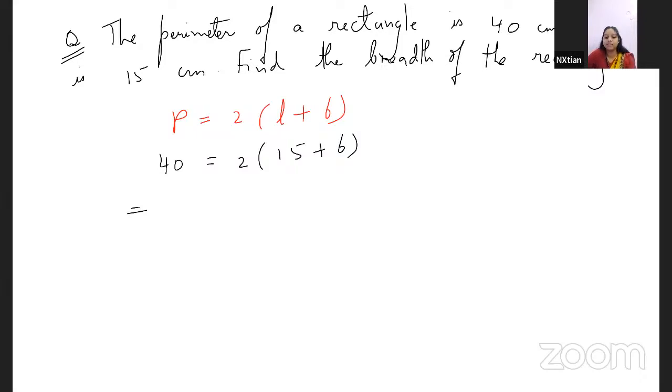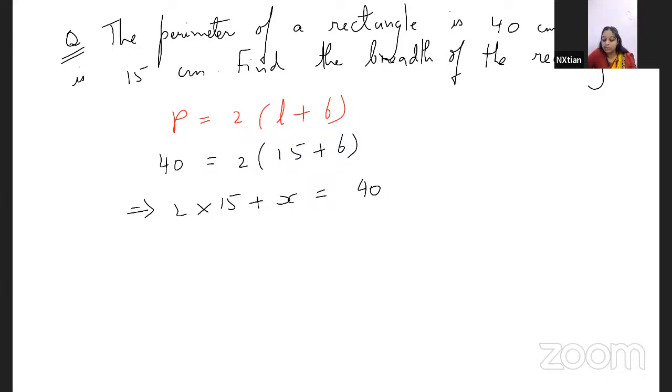Okay, who's gonna tell me the steps of it? Can you explain? First you write the formula: 2 into 15 plus x equals to 40. Then you take the 2 to the other side, that 40 by 2 equals to 15 plus x.